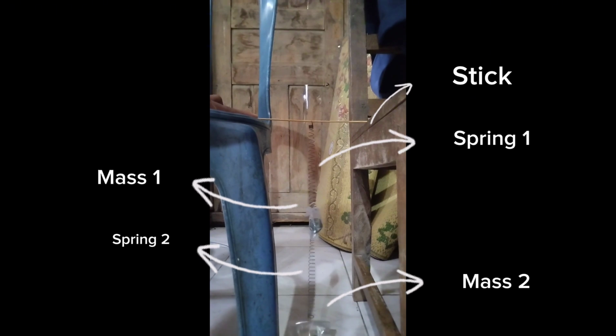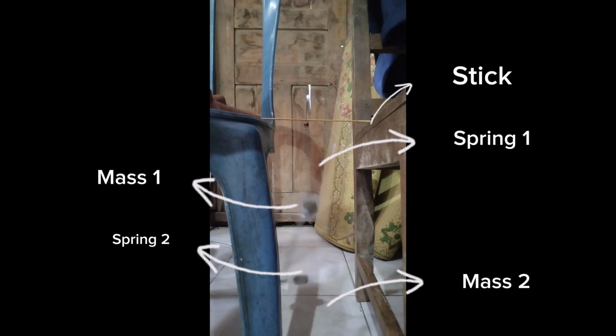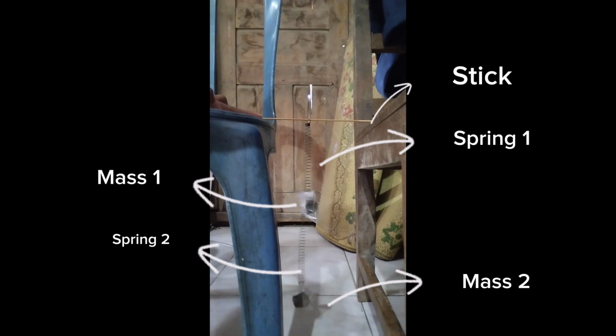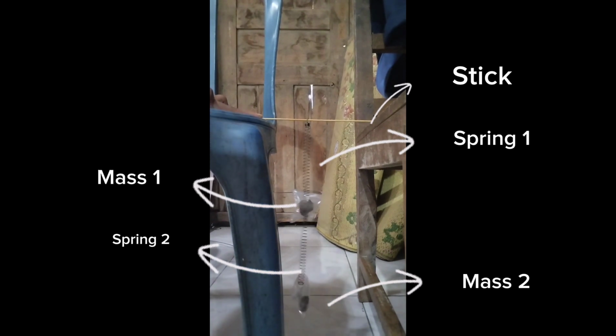When the second mass M2 is pulled downward and released, the system undergoes vertical oscillatory motion. Because the two masses are coupled through the second spring, the oscillation of M2 also influences the motion of M1.